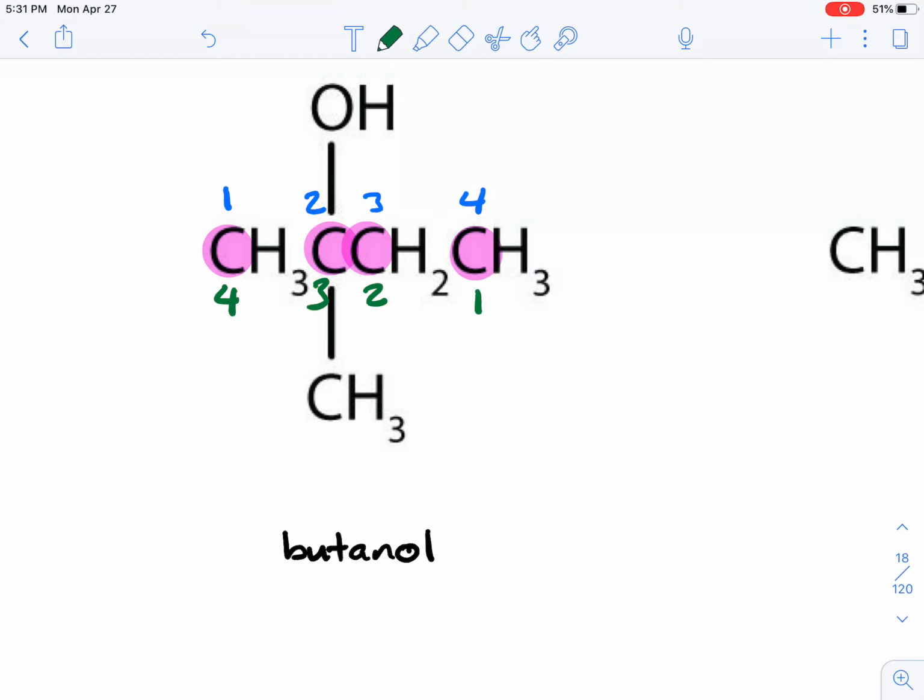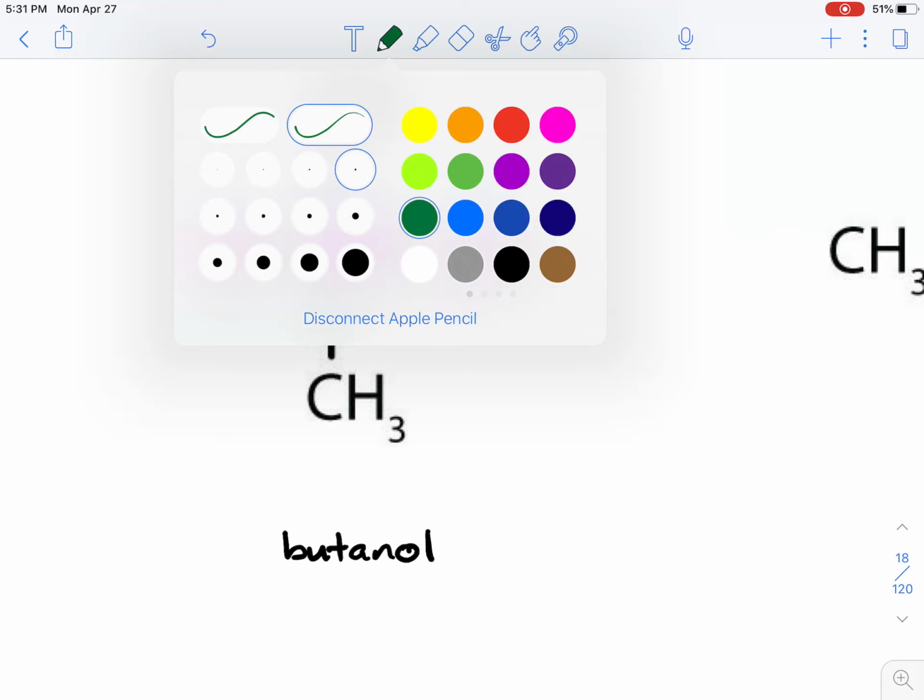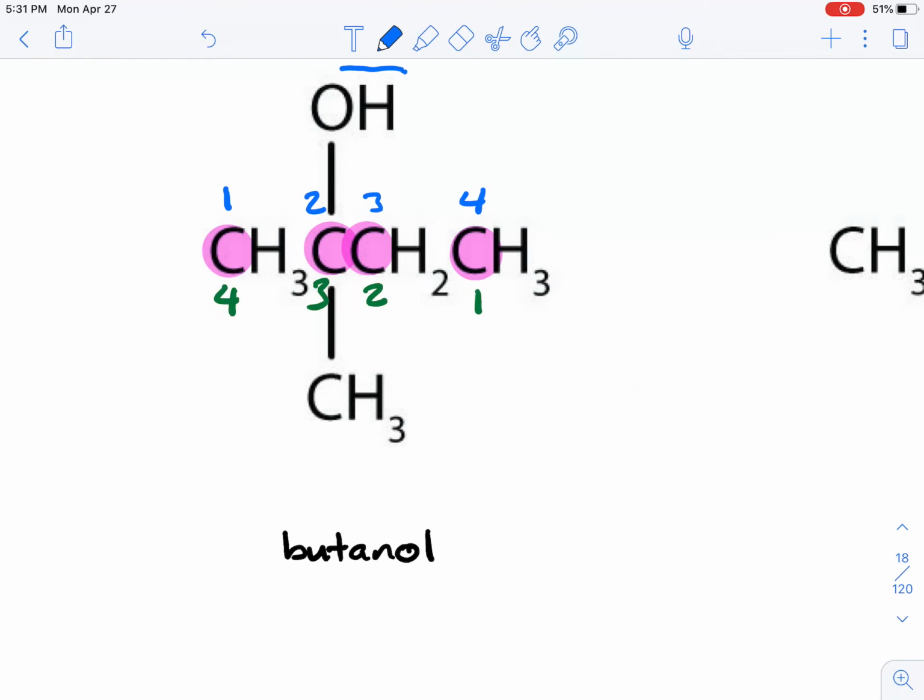And so if I compare both of my numbering schemes, notice that if I number it from left to right, my alcohol is going to be on carbon number 2.